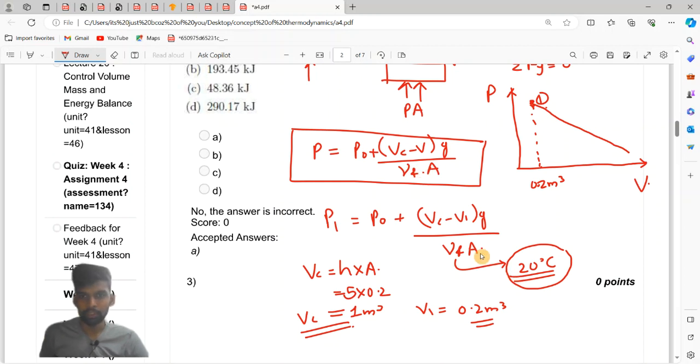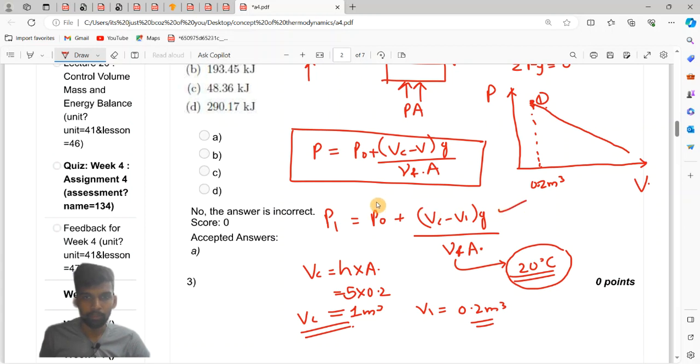That's why we will take the specific volume of water at 20 degrees Celsius at the saturated liquid state. That's how we will get the value of Vf from the table. You can get that easily. And the area they have given, that is 0.2 meter cube. So this quantity is known to us.